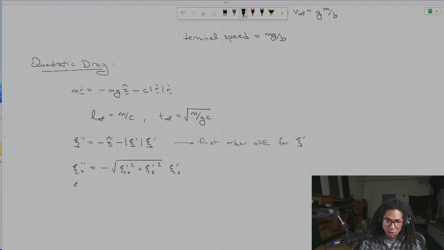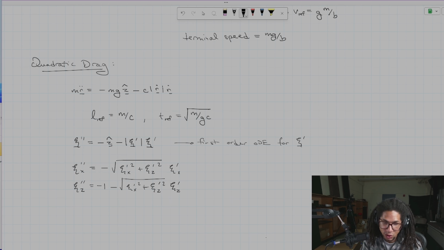Now in the z direction, I'll have cz double prime equals minus 1 minus this same factor, the length of the c prime vector, the square root of cx prime squared plus cz prime squared, now times cz prime. Immediately you'll see that this is much more complicated.